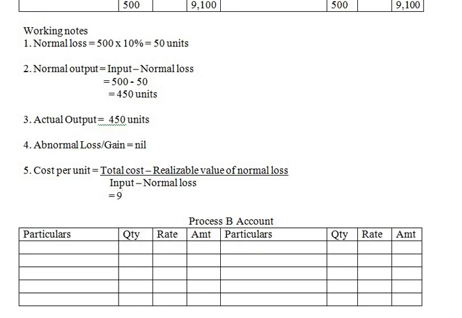Total cost is 9100 minus realizable value of normal loss is 100, then divided by input is 500 minus normal loss is 50, which will be equal to rupees 20.